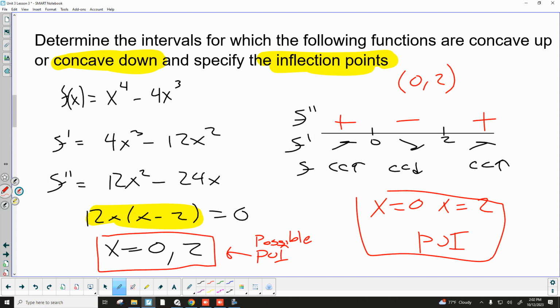Skip the one in the middle, go to the one on the bottom. Try this one out. Do it. Okay.